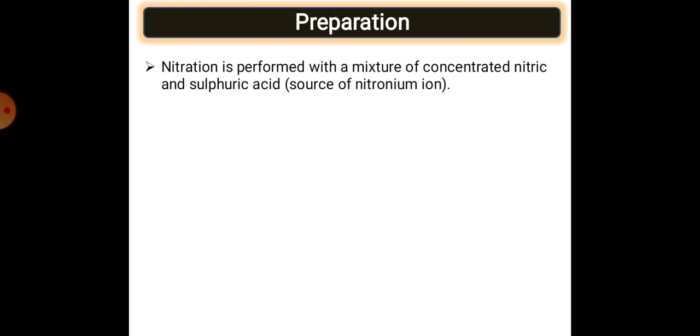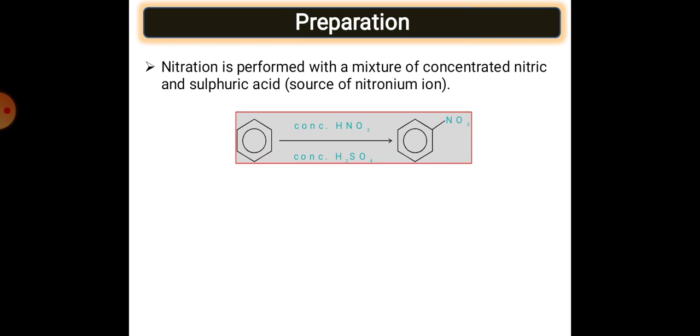Nitrobenzene, or aromatic nitro compounds, are firstly prepared from benzene. That process is called nitration, an example of a substitution reaction where benzene is treated with concentrated nitric acid and sulfuric acid.